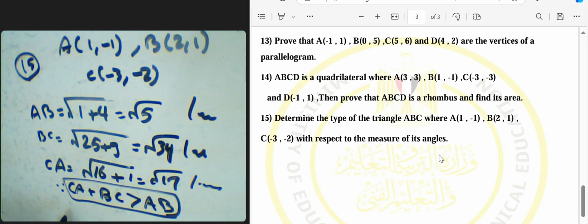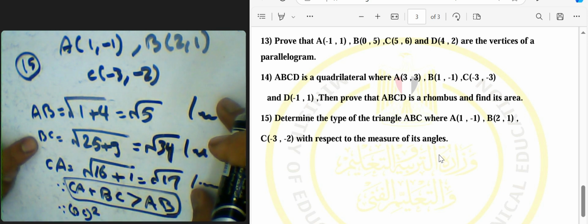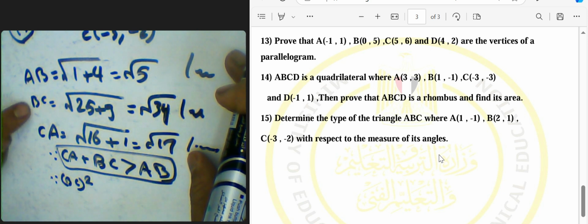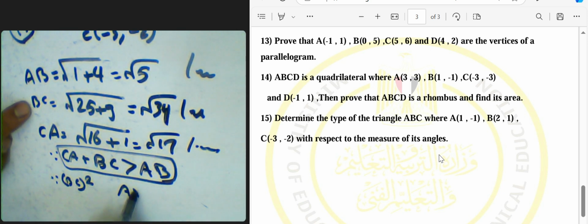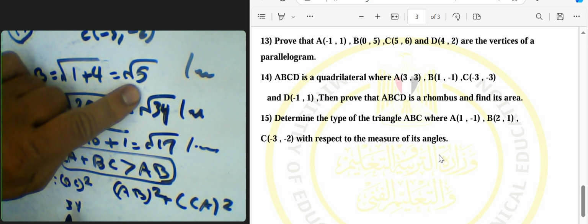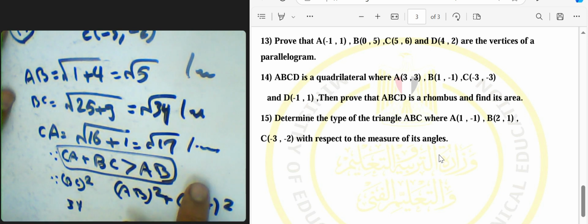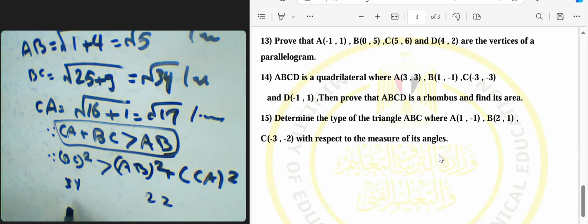Okay, then ABC is a triangle. Now we compare BC power 2, the greatest number, with AB power 2 and CA power 2, the smallest two numbers. BC power 2 is 34, and 5 plus 17 is 22. Then this triangle will be obtuse.